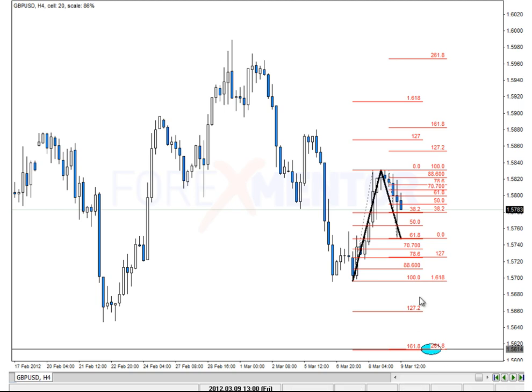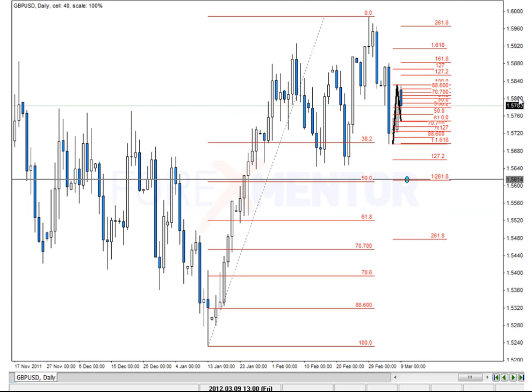Okay, there's the 127 where most of the traders are looking. The 1618 combined with that 2618 is a very, very powerful turning point. And just have a look at that daily chart where that comes into play. See that lining up with the big 50 from the upswing. Okay, so we're getting a pattern that's giving us an opportunity to enter in right at the number.